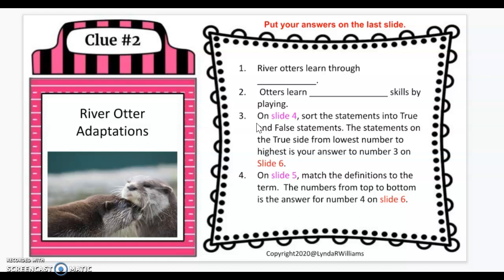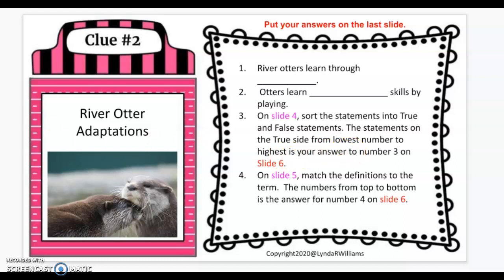The statements on the true side from lowest number to highest is your answer to number 3 on slide 6. Okay, so that means the statements on the true side from lowest number to highest number is your answer.